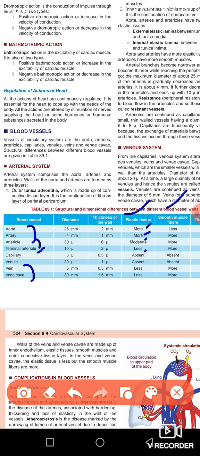Then in capillaries elasticity is totally absent. In venules elasticity is absent, but in veins and vena cava some kind of elasticity is present, but it is less.